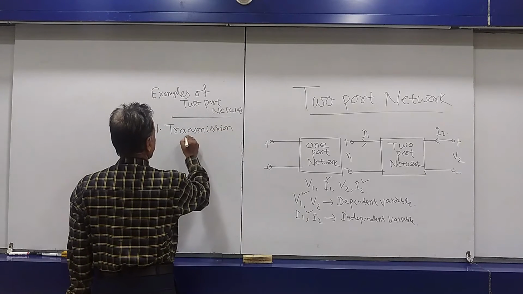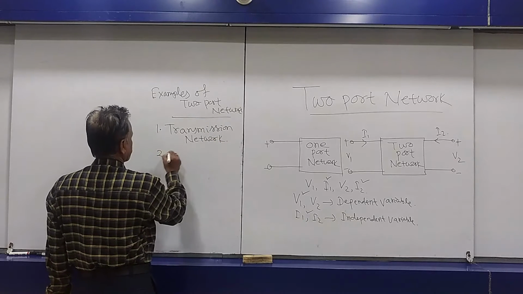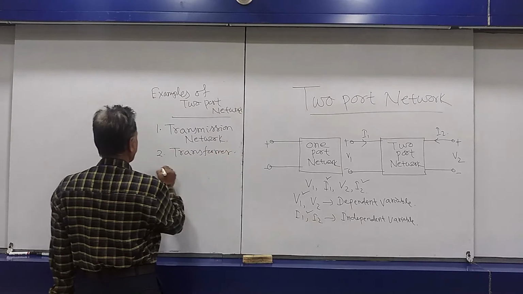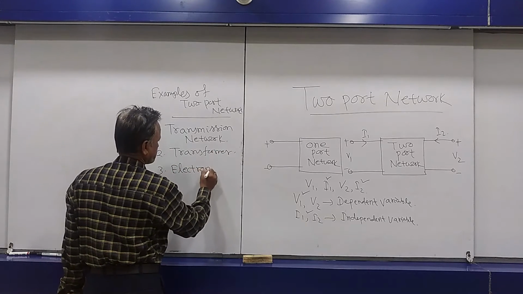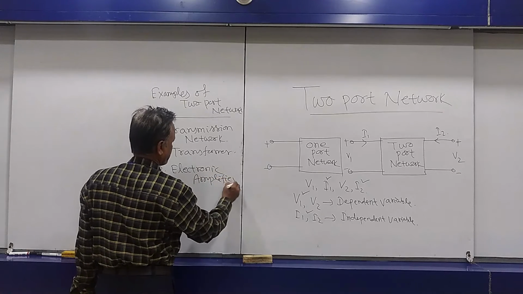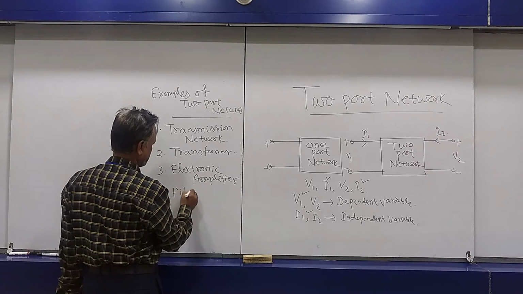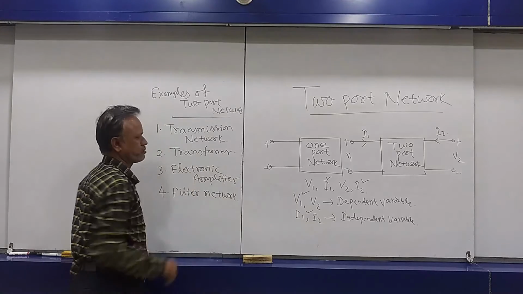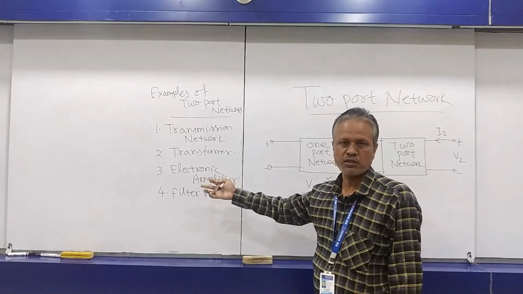Similarly, the transformer. The third one is your electronic amplifier. And the fourth is the filter network. So all these four are examples of a two-port network.